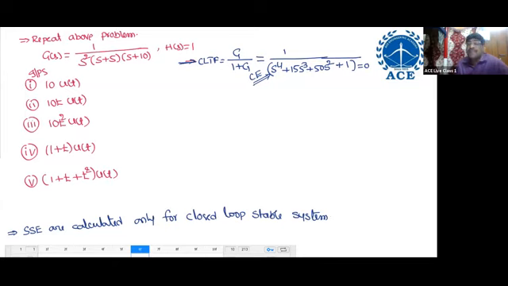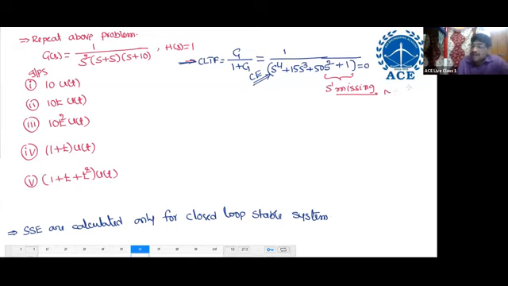Not stable means it may be marginally stable, or it may be unstable. Here the S power 1 coefficient is missing. So it is not stable.